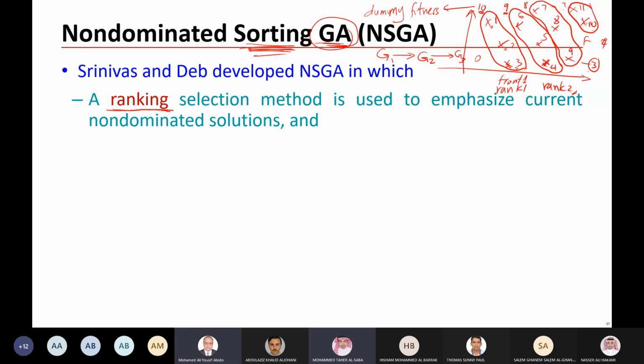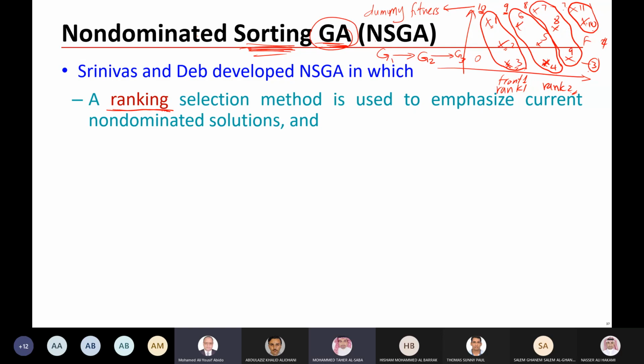In genetic algorithm, how do we start? We start generating random solutions, and then we do selection, crossover and mutation. Yes, you are right, but the question is, I'm trying to link it with the multi-objective. Right.